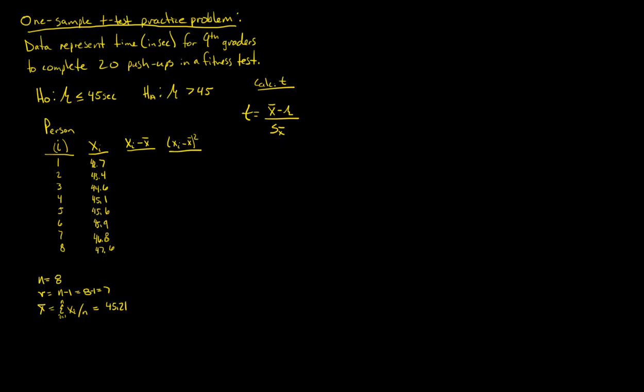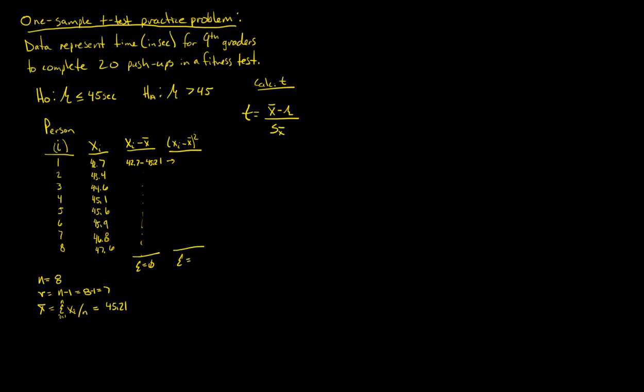And so then going back, this is x i minus x bar, so this is just 42.7 minus 45.21. You're going to do the same for all these. And if you remember, this column should sum to 0. Then you're going to square these values over here, and then you'll sum this.